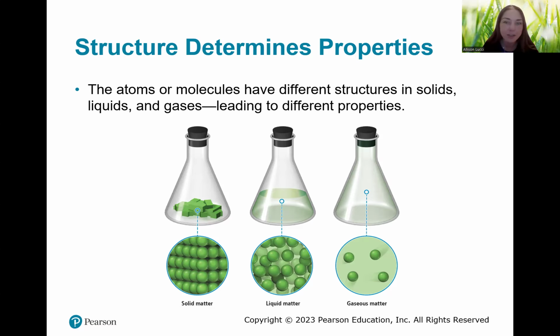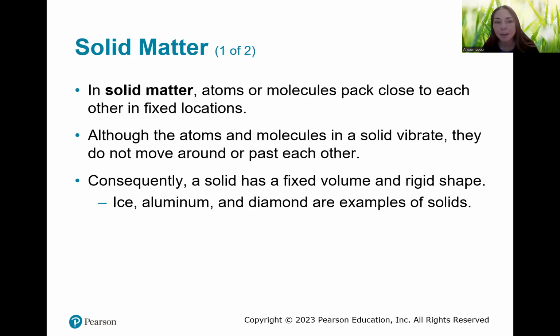Solid matter does not take the shape of its container, whereas liquid matter will fall to the bottom of the container that it's in and it will create this surface. Gaseous matter will expand to fill whatever container it is in. So different properties, we can see what I just described here. Even though the atoms in solid matter are tightly packed together, they're still vibrating.